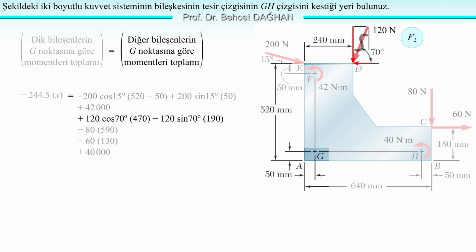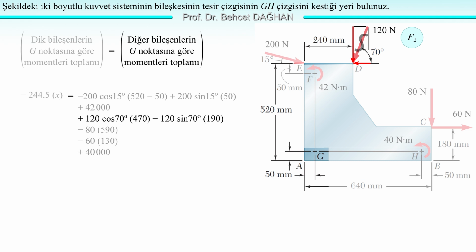Let's write the moment of the 120 newtons force about point G. We use Varignon's theorem again. We resolve it into horizontal and vertical components. The horizontal component 120 times cosine 70 creates a counterclockwise moment, so it creates a positive moment. The moment arm is again 520 minus 50, so 470 millimeters.